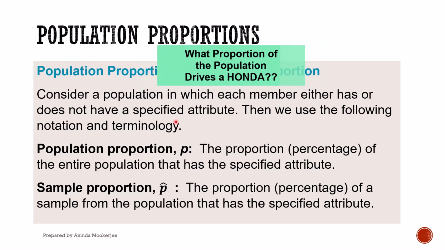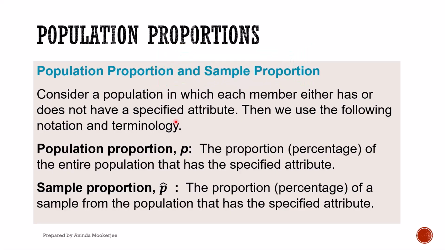In that case, the specified attribute would be, let's say, whether they drive a Honda, right? That's my specified attribute. So in my population or in my sample, I will look at each member, whether the member has met the particular attribute, that in that case would be driving a Honda, or they do not drive a Honda, they drive something else and they did not meet the specified attribute.